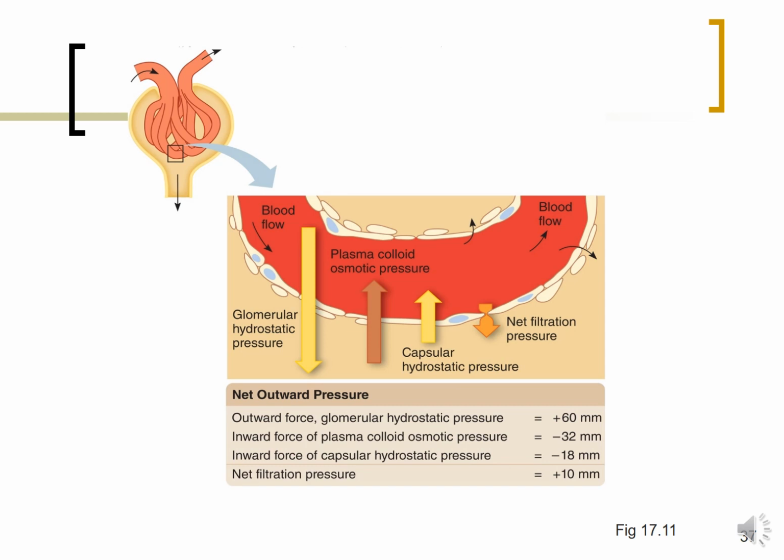This is a little bit more involved, but the red blood cells, white blood cells, platelets, and blood proteins that remain in the blood generate osmotic pressure. Remember, osmotic pressure is a movement of water from low concentration to high concentration. So this is also an opposing force.